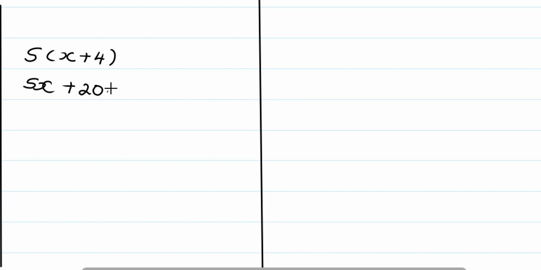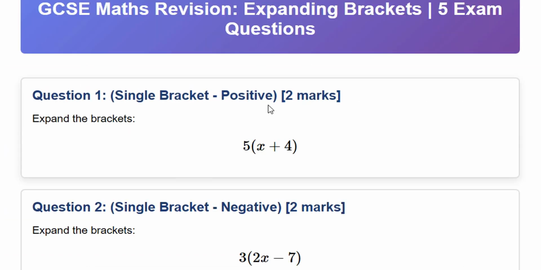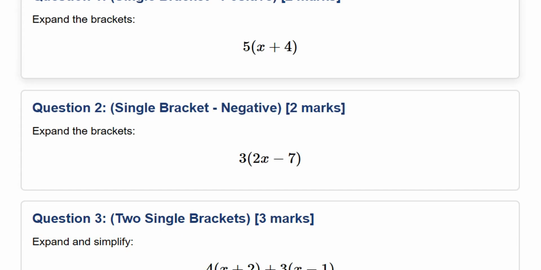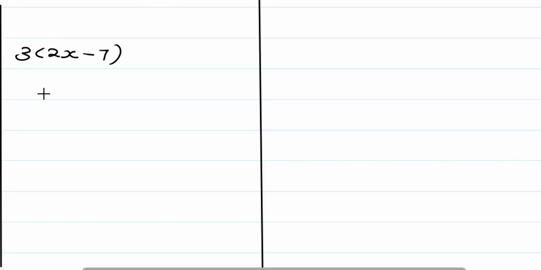And that becomes the solution for the first question, which is very simple but forms the basis for expanding more complex brackets. So, can we try question 2, where we have a single bracket, but inside the brackets the sign is negative. We repeat the same process as in question 1, only that now we will change the sign.